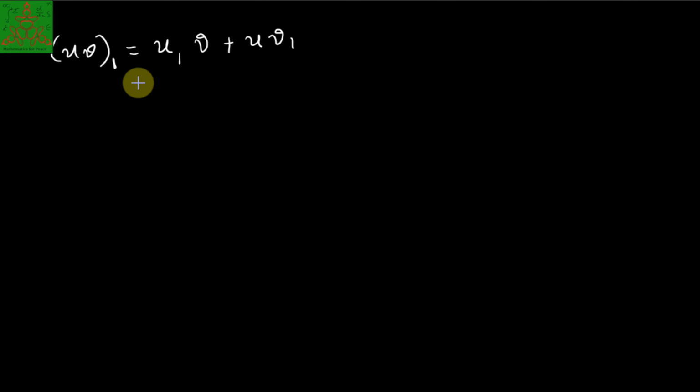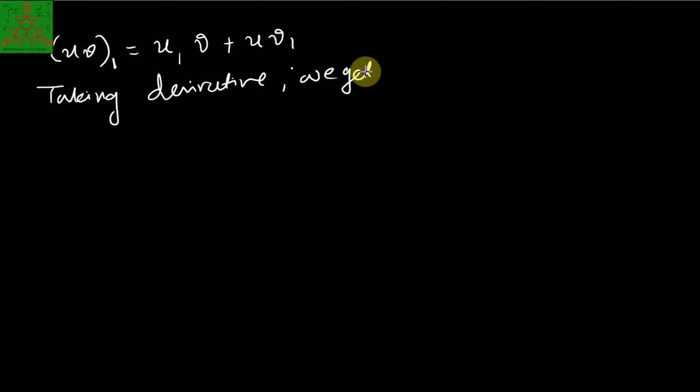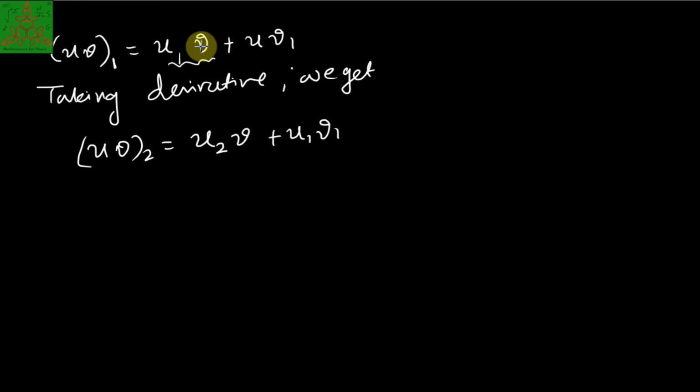Taking the derivative again, we apply the product rule: u2 v plus u1 v1, then u1 v1 plus u v2.